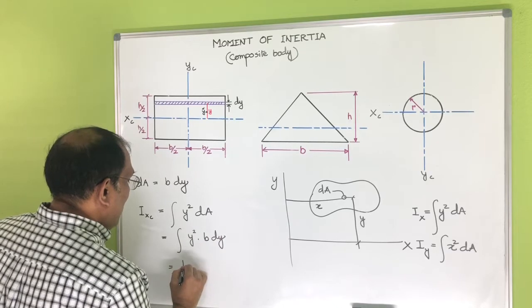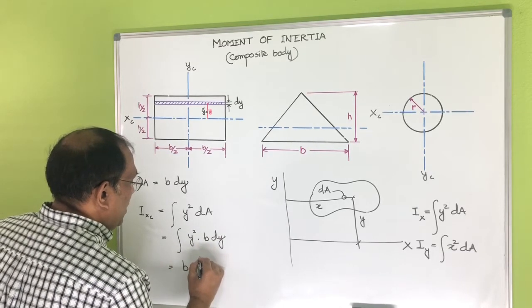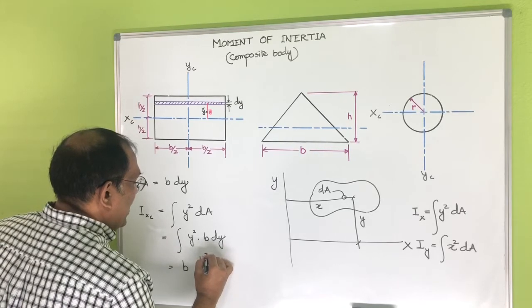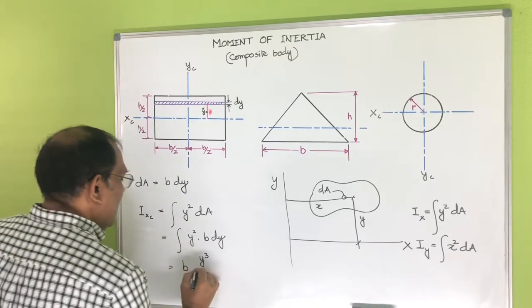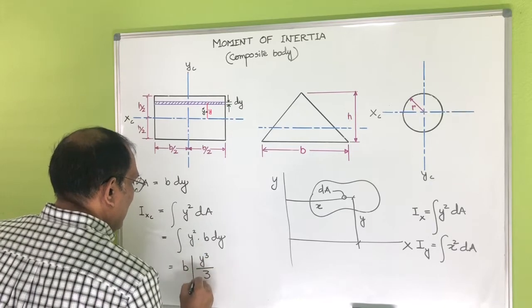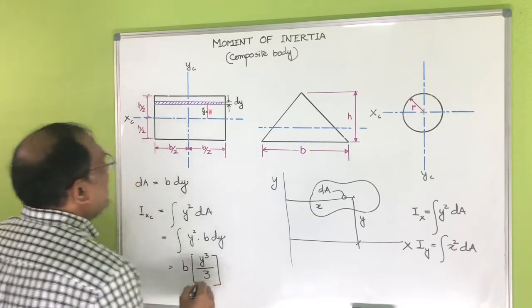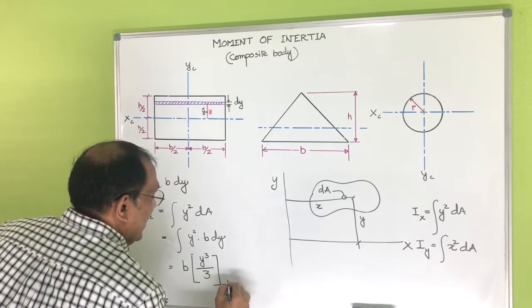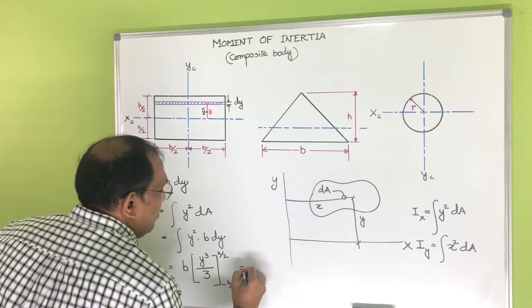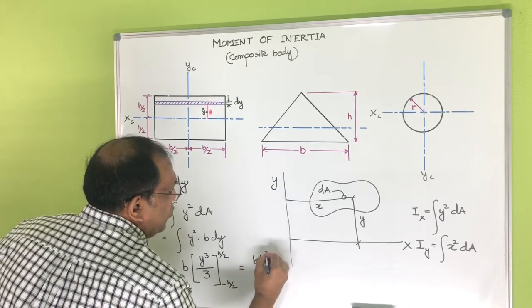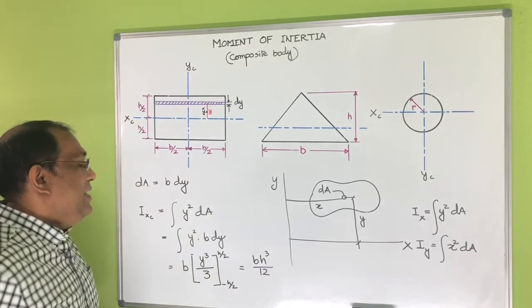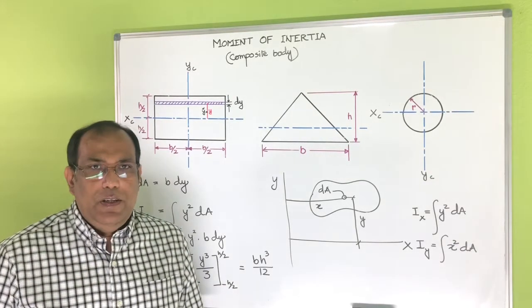So I can keep b here, and this would be y cubed by 3, and y can vary from minus h by 2 to plus h by 2, which is basically bh cubed by 12. So Ixc is equal to bh cubed by 12.